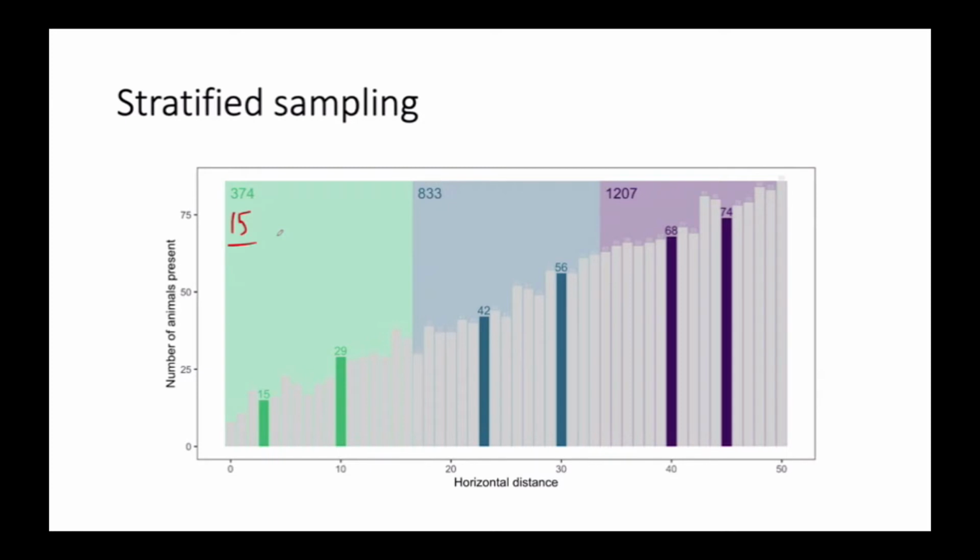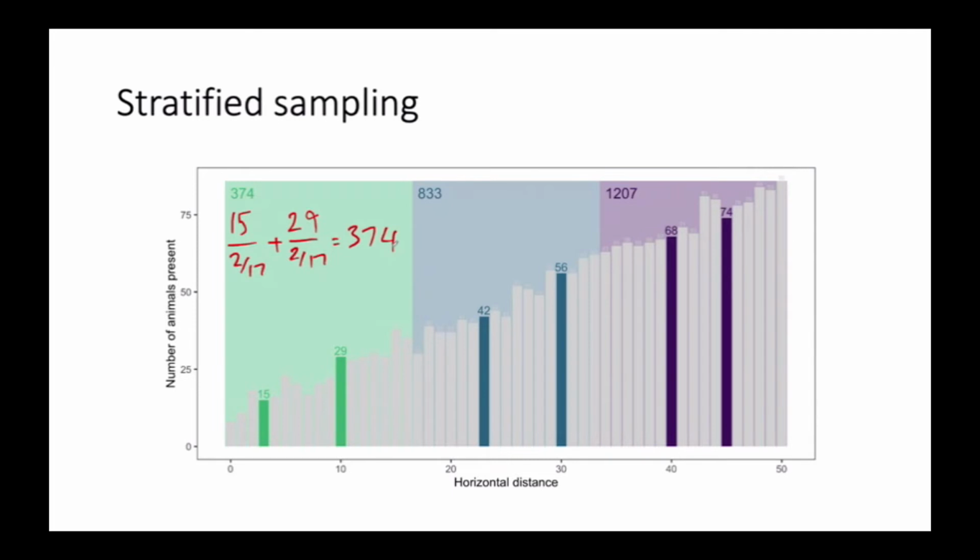So each site has an inclusion probability of 2 over 17. To that, we add the count for the second site divided by its inclusion probability, and we come up with an estimate of 374. What that means is that we expect there to be 374 animals in the 17 sites in the green zone. We can do the same calculations in the blue and purple strata.